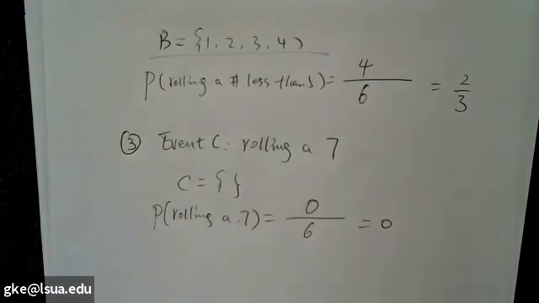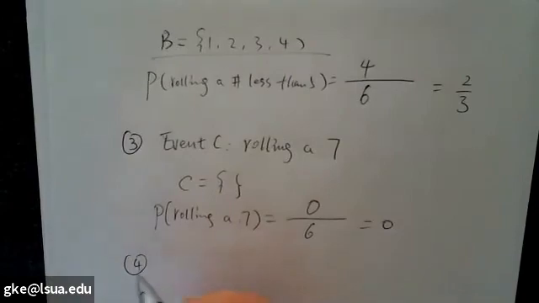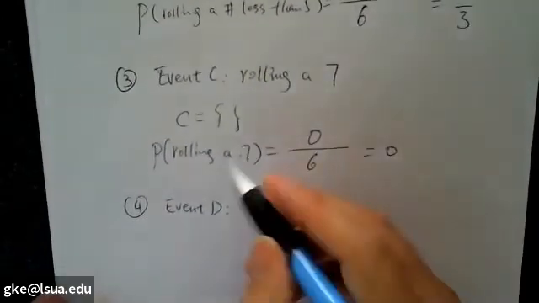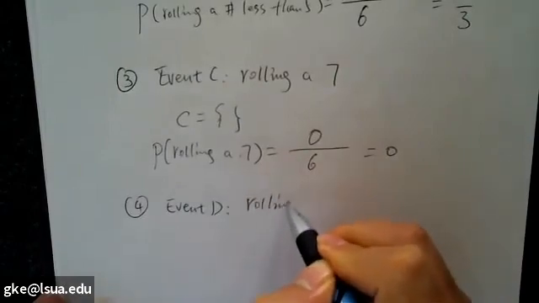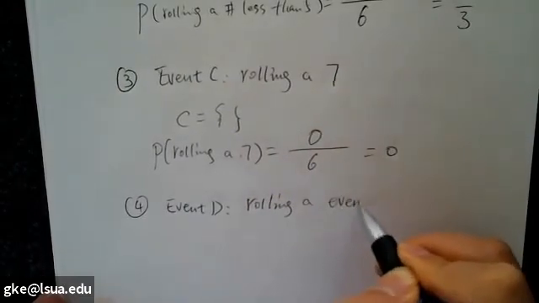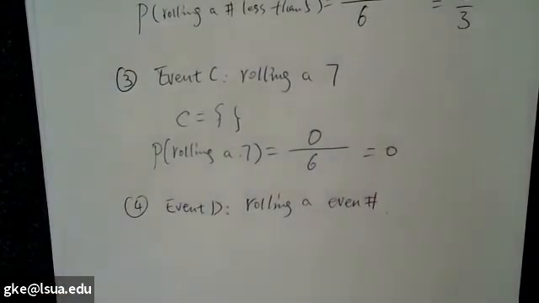And the last one. Event D, rolling an even number.